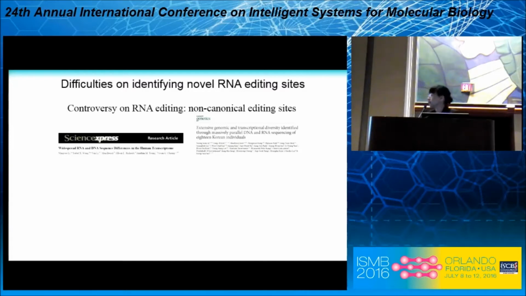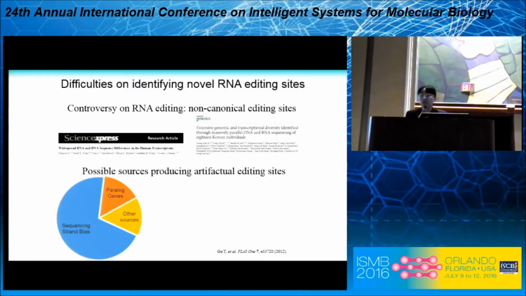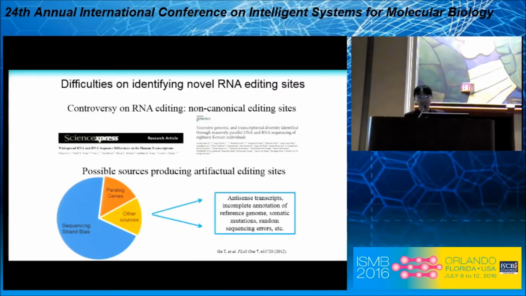And other factors can produce artifacts, such as if the sequencing is not properly random, it can produce strand biased sites. And if the alignment is not proper at the paralogous genes, that can also produce artifacts. Other factors include antisense transcripts, incomplete annotation of the reference genome, somatic mutations, and random sequencing errors.